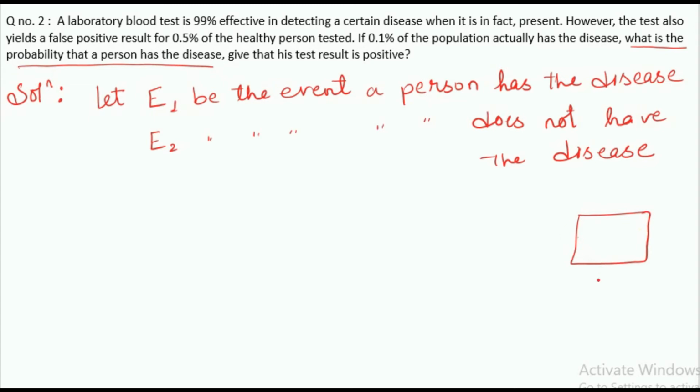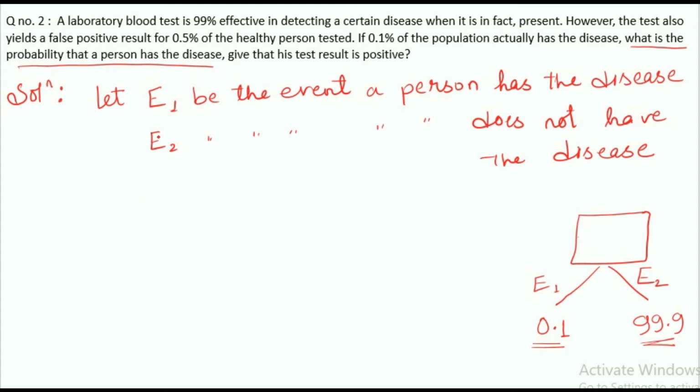Here 0.1% will have the disease, so that is E1. And E2 is the 99.9% who do not have it. A simple, direct idea: these are having the disease, these are not having the disease.